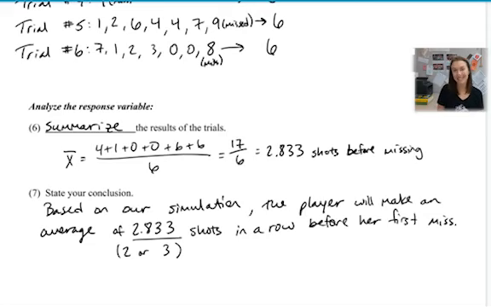Because just because I got these 6 trials this time and these numbers doesn't mean that next time we'll get the same thing. So it's good to keep doing it over and over again in real life so that you can have a real average and not a small sample size.